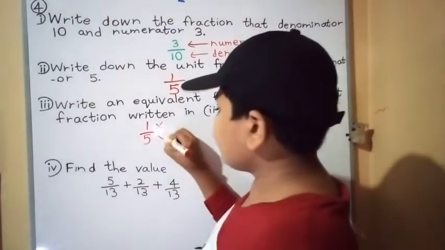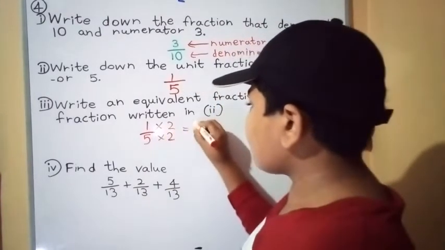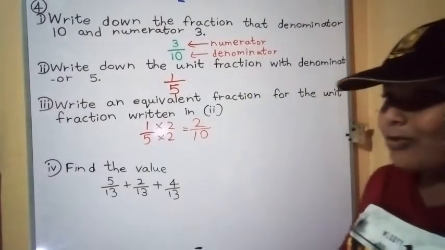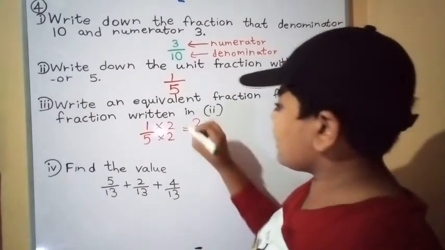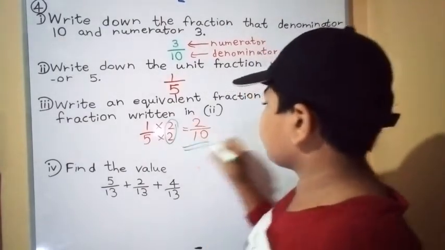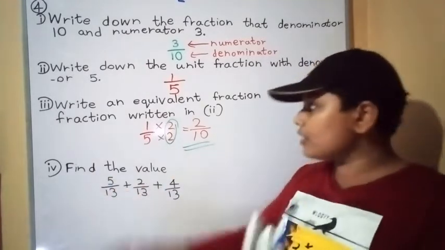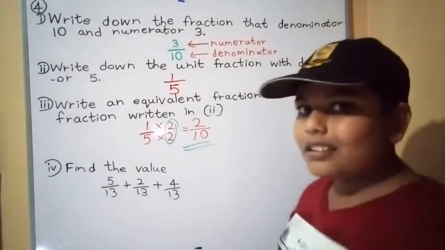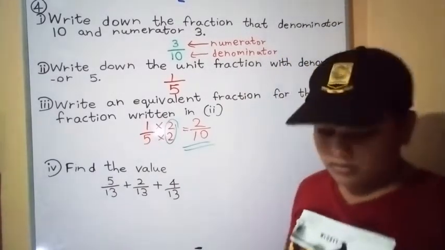If you multiply this by 2, now you have the answer. You want to multiply both numerator and denominator the same. Now you have the answer, over 10.